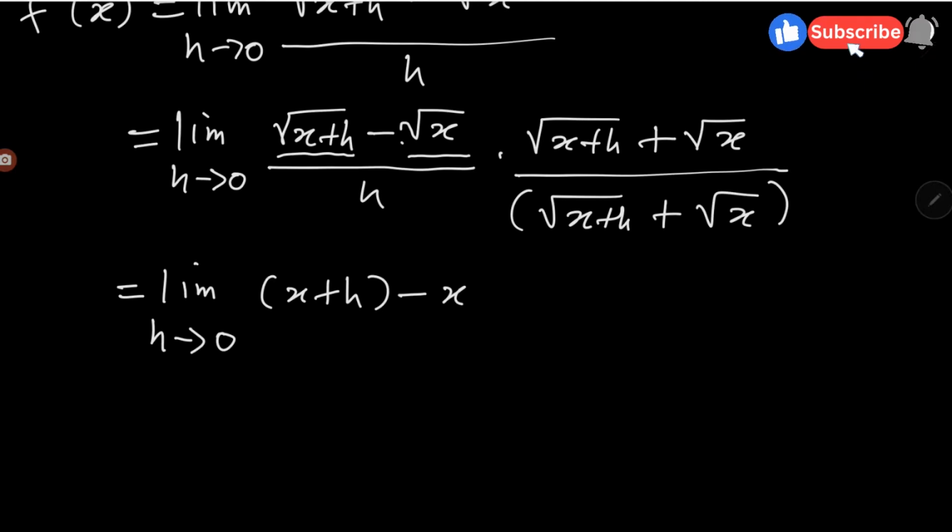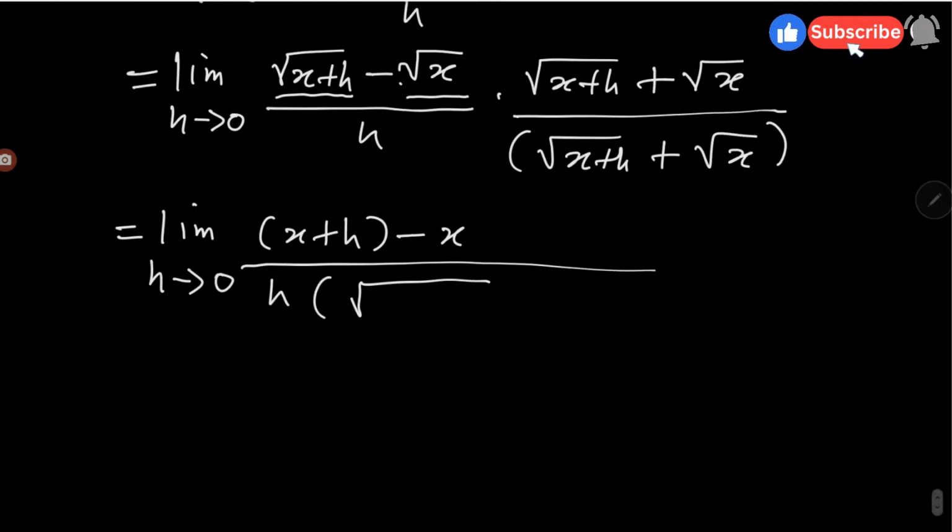Okay, so that would be the result on the numerator, and we shall do nothing to the denominator, so we shall just write it the way it is as h, then we'll have square root of x plus h plus square root of x.